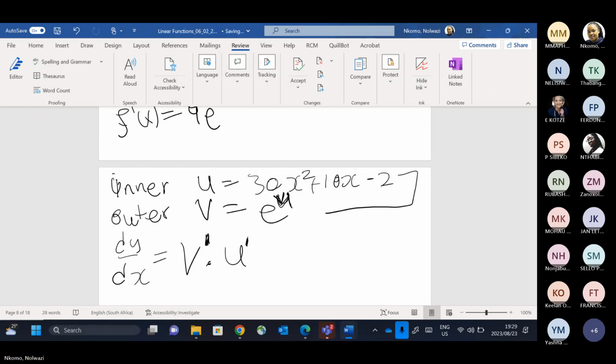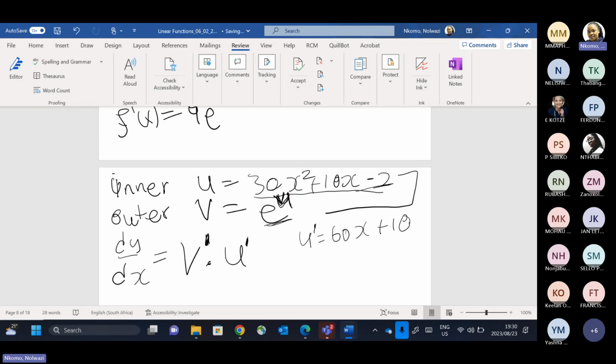You see, your u is a polynomial. If you are given a polynomial and asked to differentiate it, you apply the power rule. And we have your v, the exponential. If we are given an exponential, you use the exponential rule to differentiate it. If you look at this function, the u prime would be 60x plus 10, right?